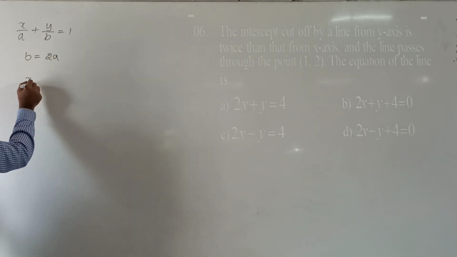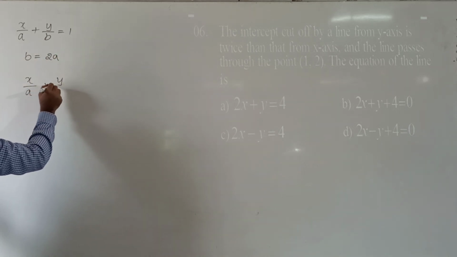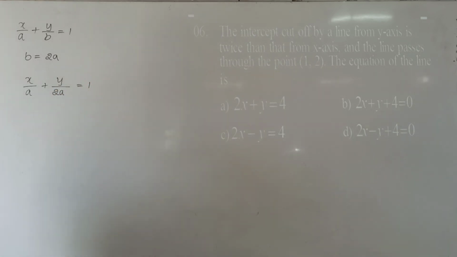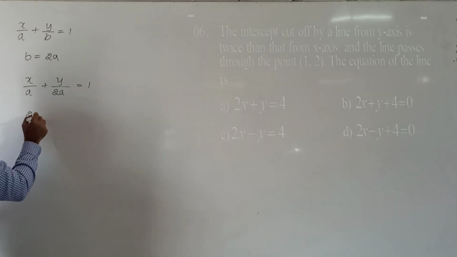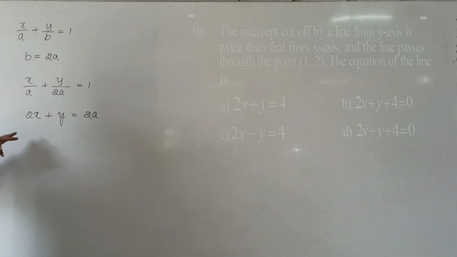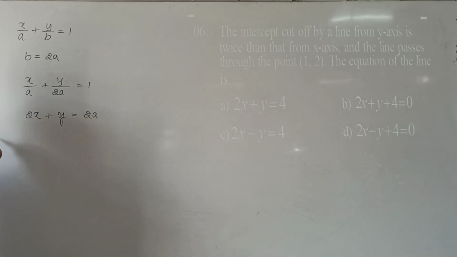Let me substitute. x by a plus y by 2a is equal to 1. Now I will multiply this equation by 2a. When I multiply by 2a, here a gets cancelled. 2x plus y is equal to 2a. It passes through which point? It passes through (1, 2).